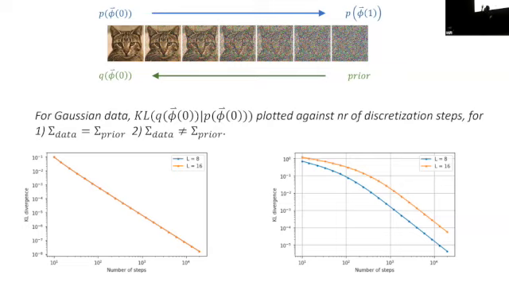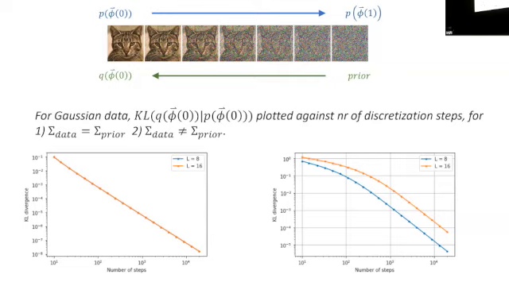The left one is with the free theory noise, the colored noise, and the right one is with white noise. In other words, the left is a diffusion process that preserves the covariance throughout, and the right is one that doesn't, which is the one that people usually do. Okay, so that gives some sort of motivation.